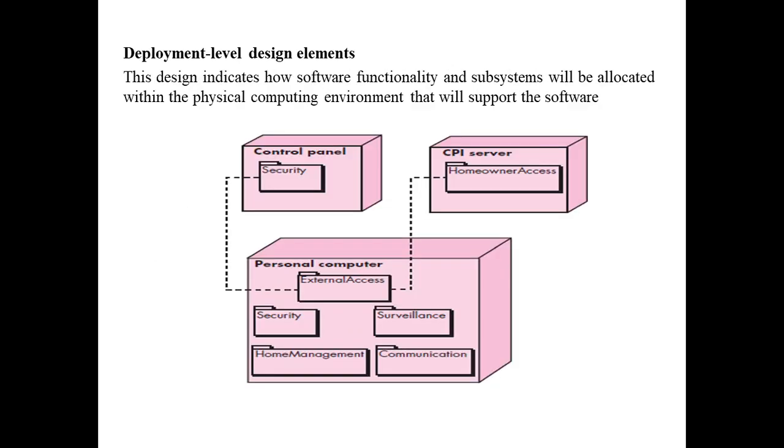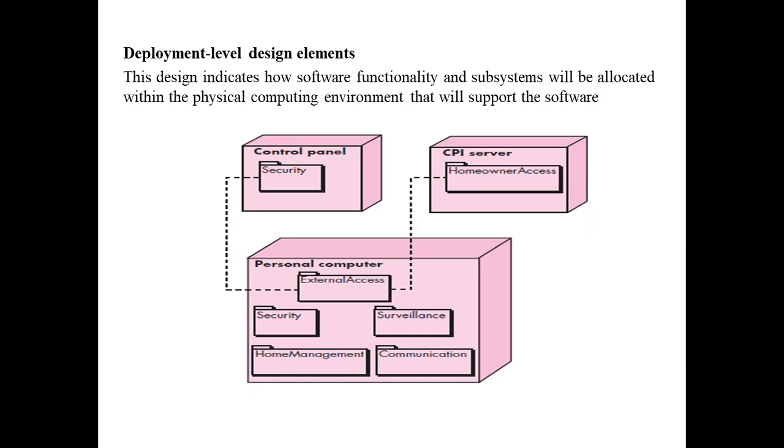So next is the deployment level design element. The design indicates how the software functionality and subsystems will be allocated within the physical computing environment that will support the software. So we have a set of components. They are interconnected. So we have a personal computer model, control panel model, CPI server model.